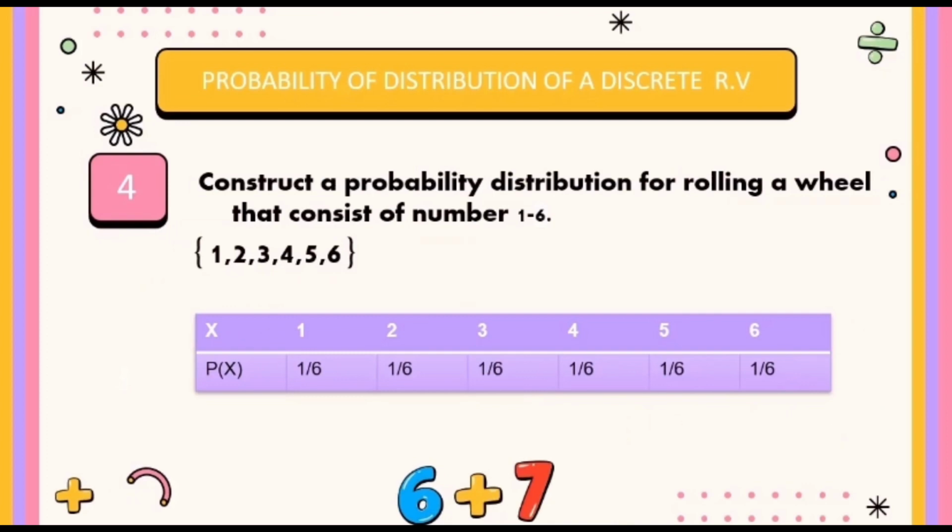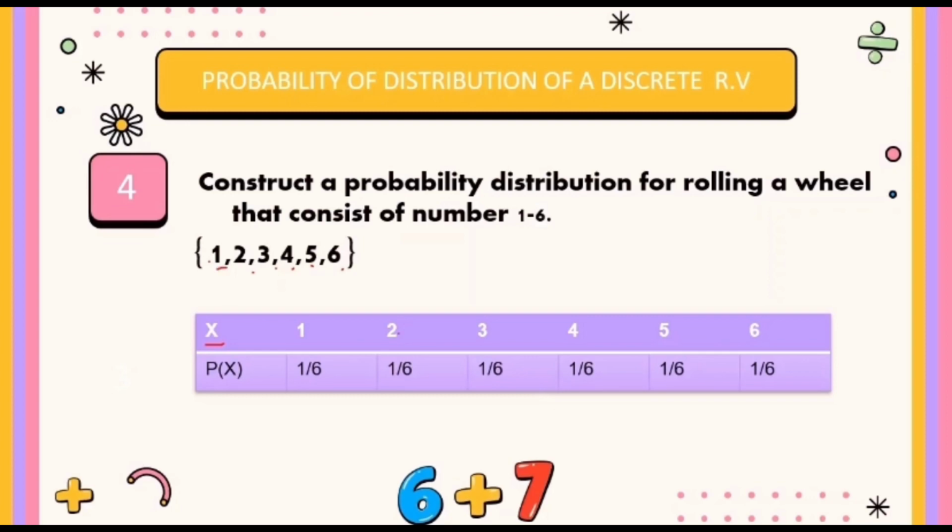Construct a probability distribution for rolling a die that consists of the numbers 1, 2, 3, 4, 5, and 6. As you can see, we put the numbers 1 to 6 in the X. Okay, so this is the easy one. We can just easily say that the number 1 occurs only once.